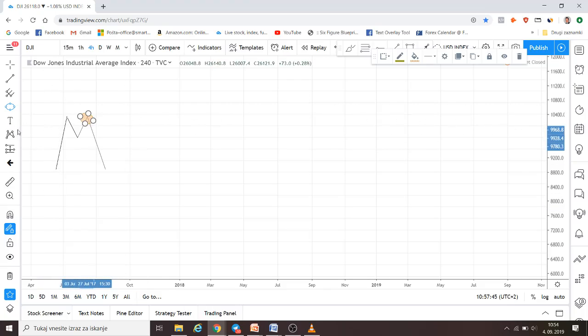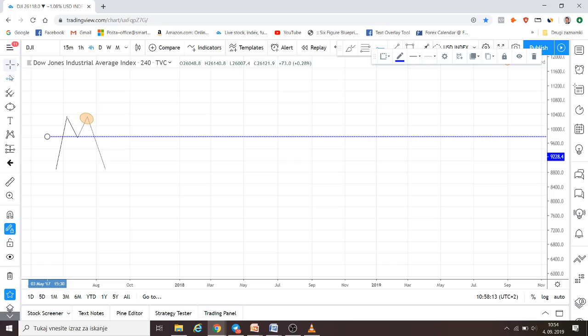Maybe if the double top is on a lower time frame, like a 15 minute, 30 minute, and you have a strong bearish engulfing, that would be a good example of a double top. But what are we looking for when we see a double top?